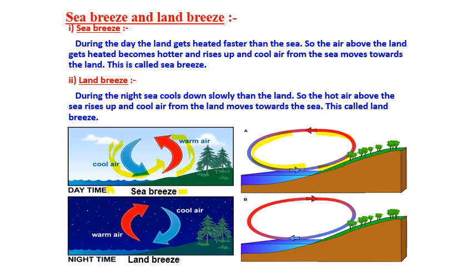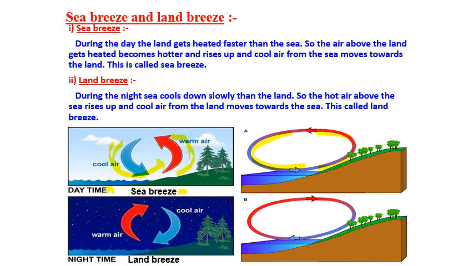just the reverse cycle is running. That's why the windows of the houses in coastal areas are made to face the sea. So in the daytime it is known as sea breeze, but in the night time it is just the reverse of the daytime.